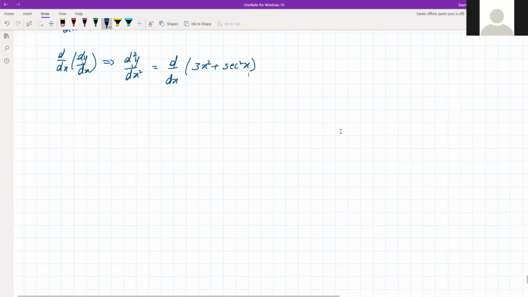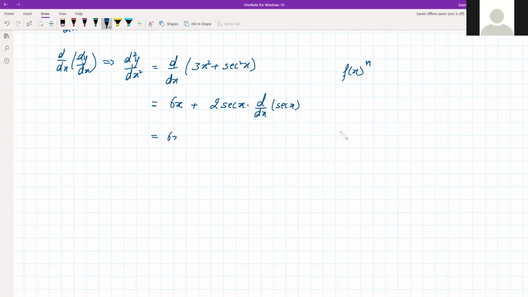right? Okay, now this is a little tricky compared to the previous one. So differentiation of 3x square is simple, that will be 6x. But for secant square x, we'll have to apply the x to the power n formula, and then the differentiation of that function. So first it is 2 into secant x and then the differentiation of secant x. So we are applying the chain rule.